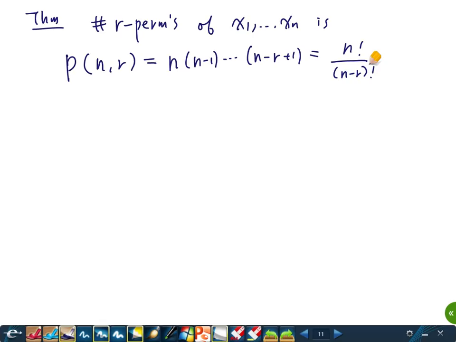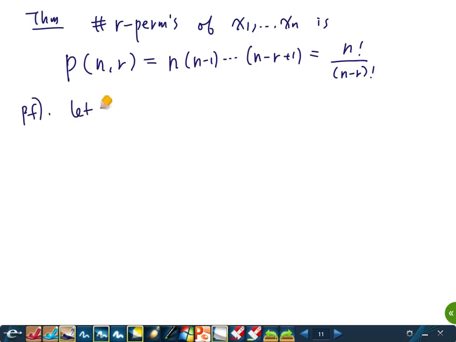So this is the number of r-permutations of n elements. Okay? The proof is similar. Basically, it's almost the same, except we stop before the nth step.